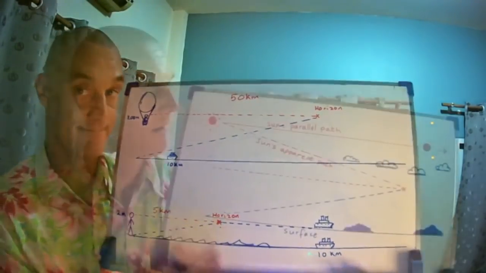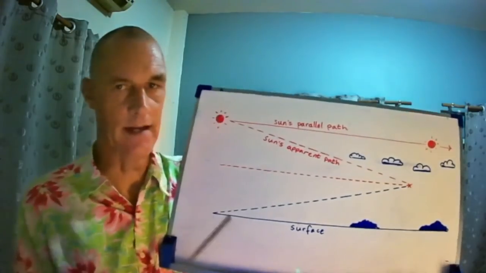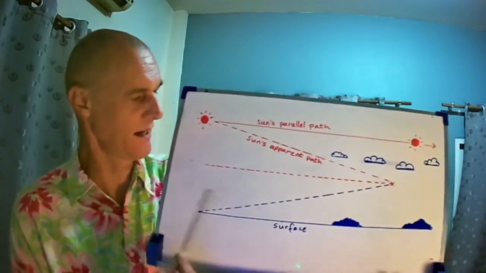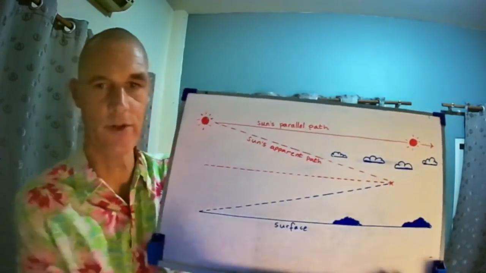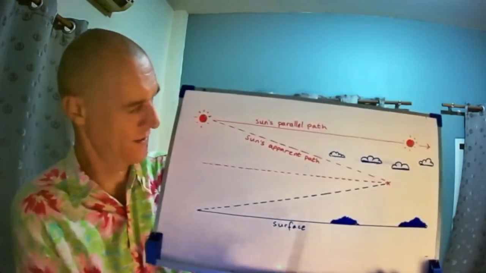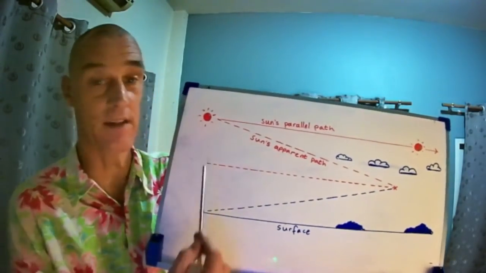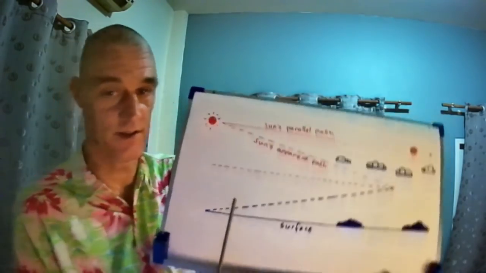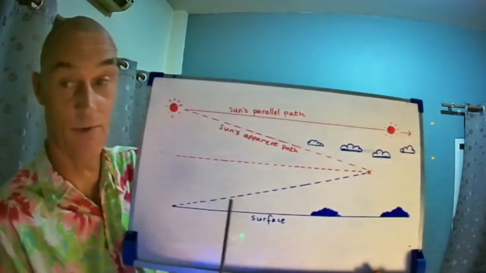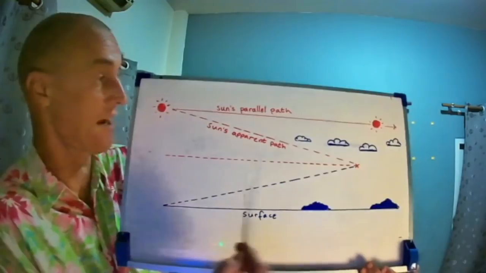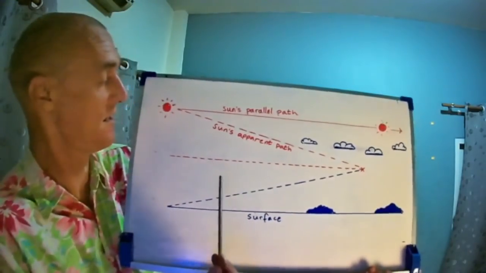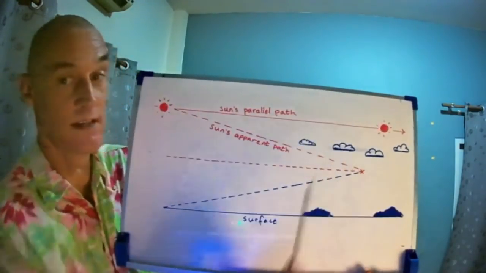All right? So just to be clear, what I'm illustrating here is we have a level surface on the Earth, and it doesn't really matter how high we are above the surface. This is just to illustrate how perspective works, or it's a side-on view of how we see the Earth and how we see the sun set.